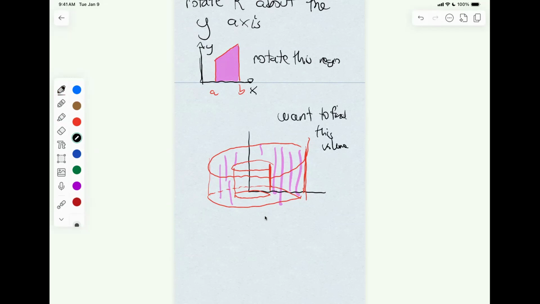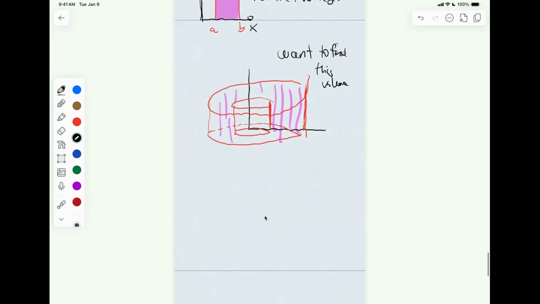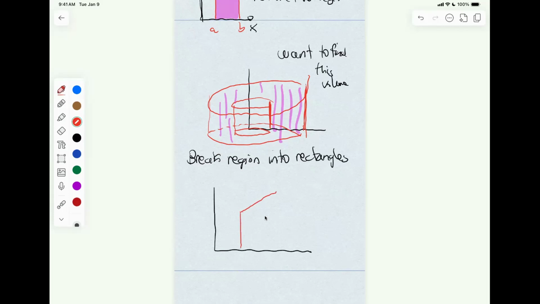Once you break the region into rectangles, and let me focus my attention on one of them.